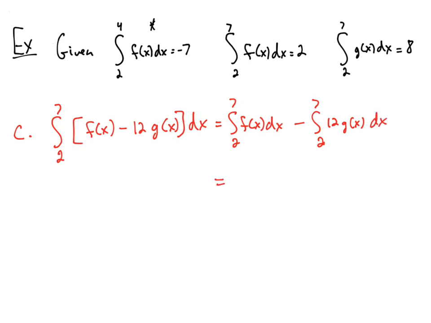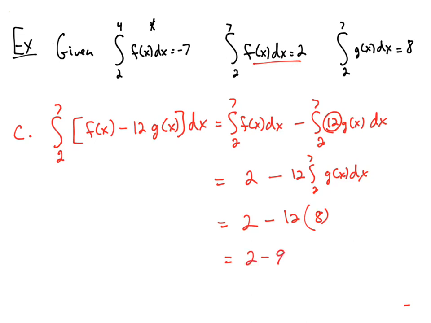So we have f of x from 2 to 7, that's equal to 2, minus, I'm going to factor out this 12. So we're left with 2 minus 12 times the integral of g of x from 2 to 7, which is 8. So we have 2 minus 12 times 8, which is 96, so negative 94 here.